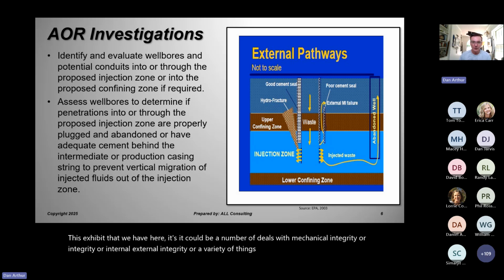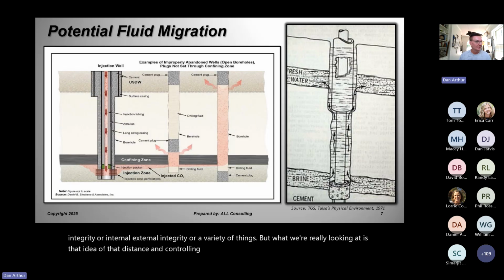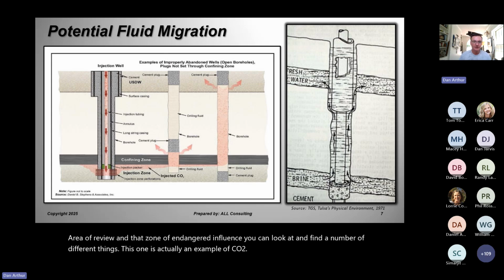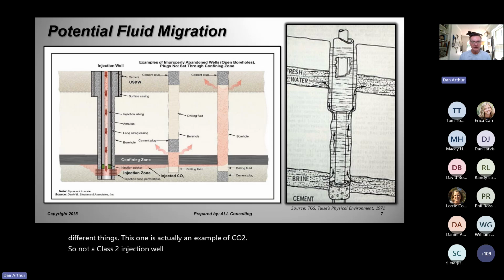But what we're really looking at is that idea of distance, and controlling that. The whole idea of area of review and the zone of endangering influence, you can look at and find a number of different things. This one is actually an example of CO2, so not a Class II injection well, but it's a good depiction of this and some of the extreme concerns.